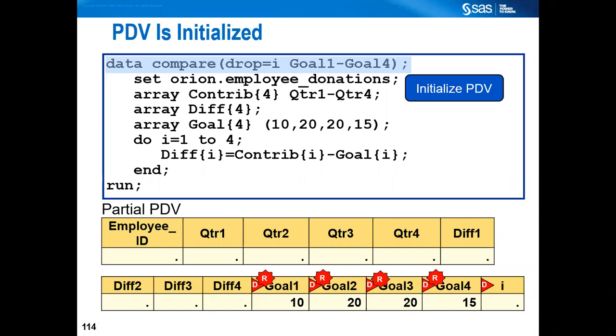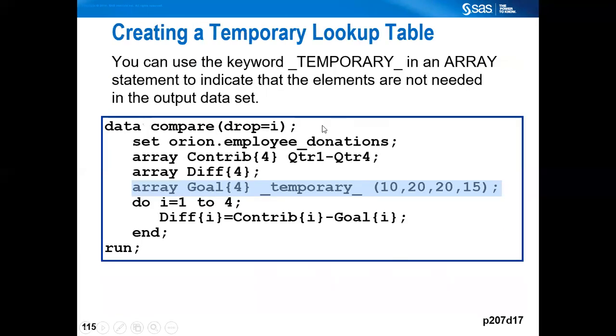Now, there is another way, in case you do not want these goal columns in your output data. You are writing it in a drop statement or drop equal to dataset option. But instead of using drop within your drop statement, you can always make use of the keyword _temporary_ while defining the goal before providing the initial values.